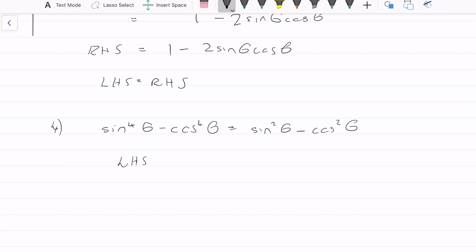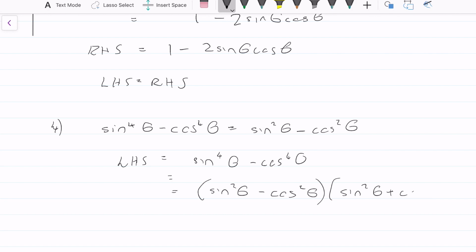So the left hand side equals sine to the power of 4 theta minus cos to the power of 4 theta, which can be factorized using difference of two squares to be sine squared theta minus cos squared theta times sine squared theta plus cos squared theta.